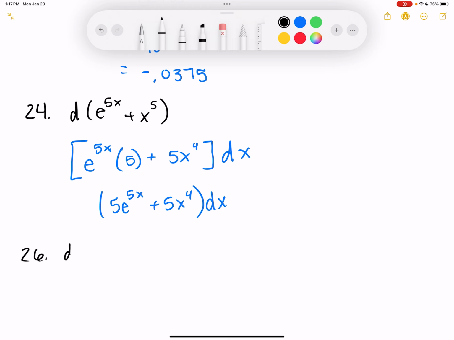d of 8 to the x plus x to the 8. See if y'all remember how to do the derivatives of these.